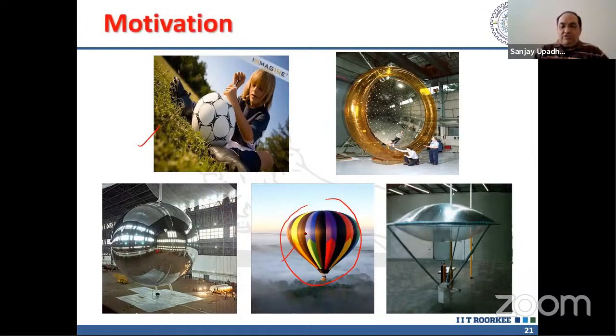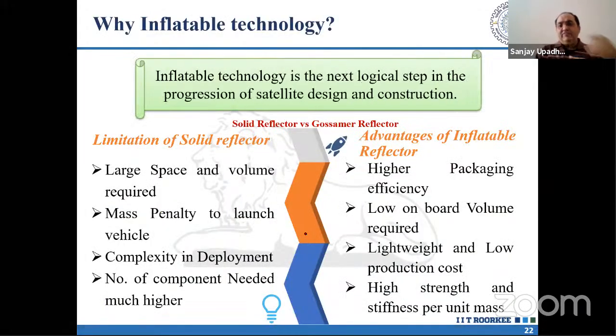Based on this motivation, we started our journey in 2005. As I told you, I contacted Mathur sir, and this concept came from Mathur sir in 2005. So why is inflatable reflector technology required in space missions?